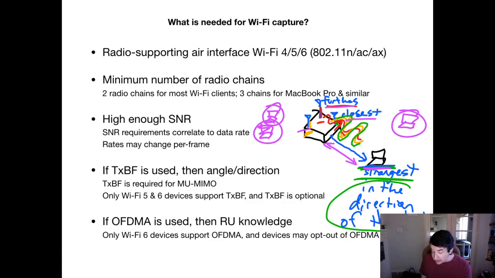But it definitely is going to be essentially at the same time. It's not going to be where you have like frame number 1 from one antenna, and then you have frame number 2 from another antenna. That's not what this is. This is not 2 different antennas at 2 different times.